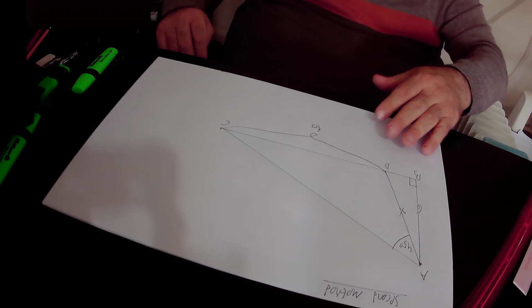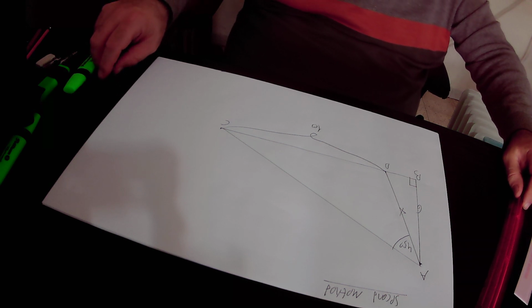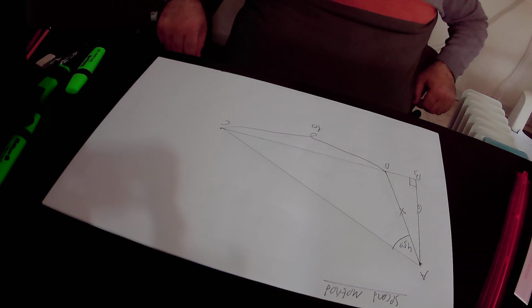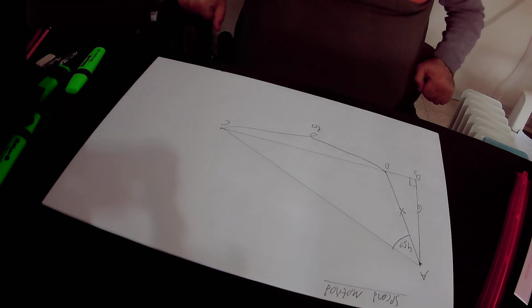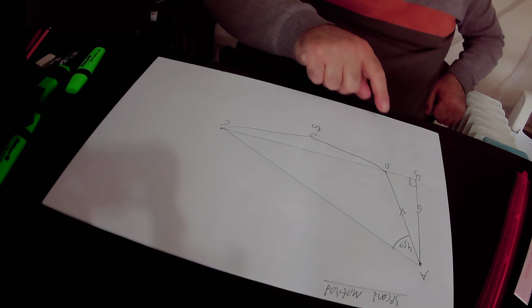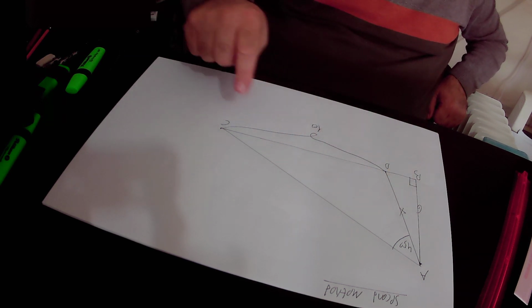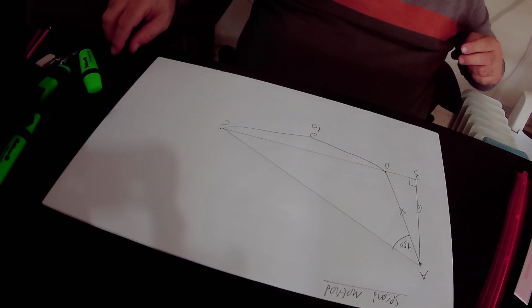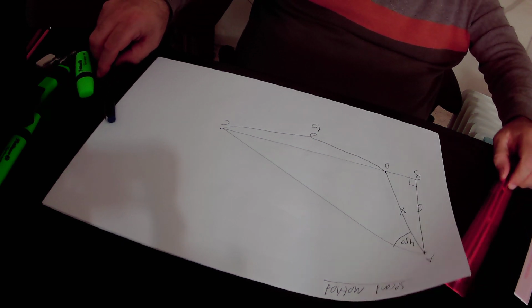In the second method, we will do another construction. From point D, we will draw a straight line on AC in such a way that the angle that will be created will be equal to 45 degrees.